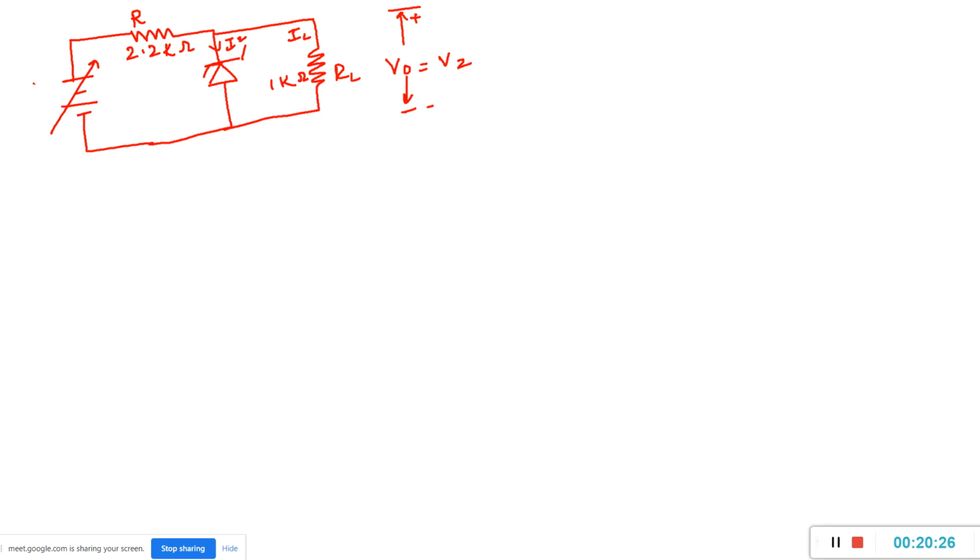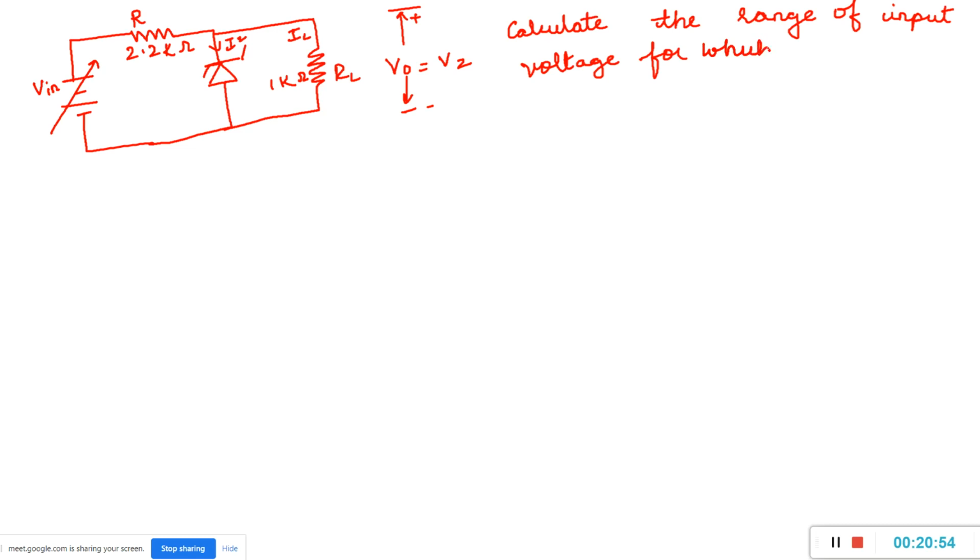It's a varying input. So for the Zener regulator shown, calculate the range of input voltage for which the output remains constant.